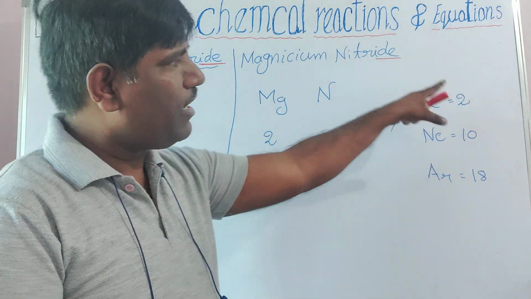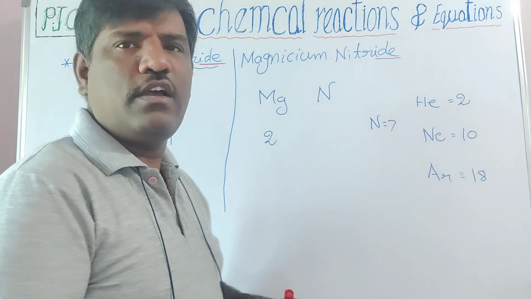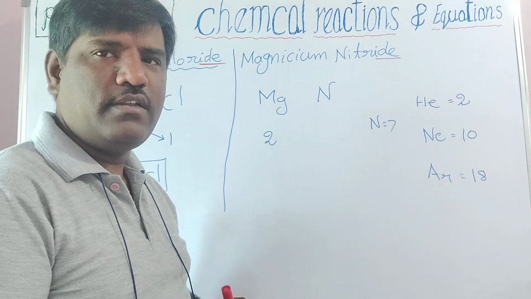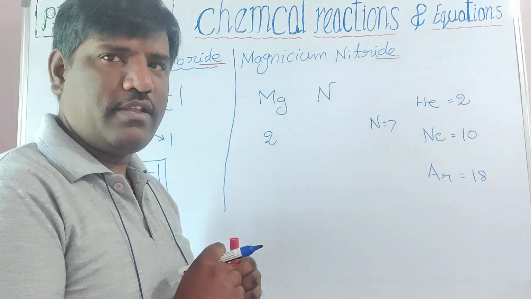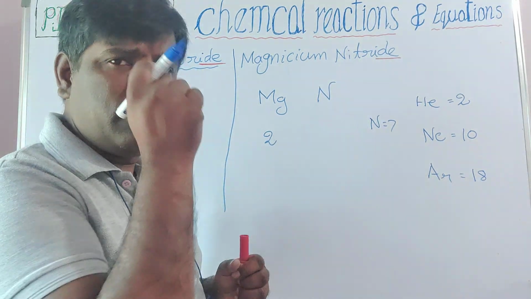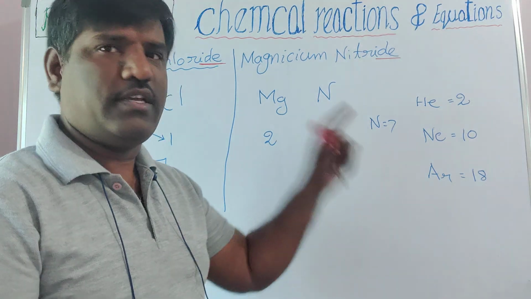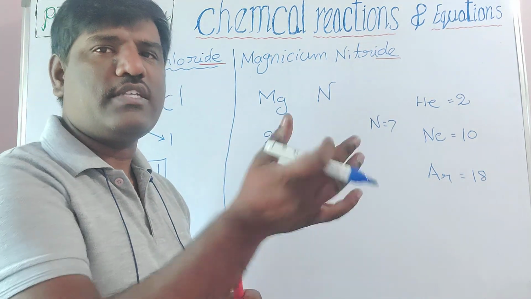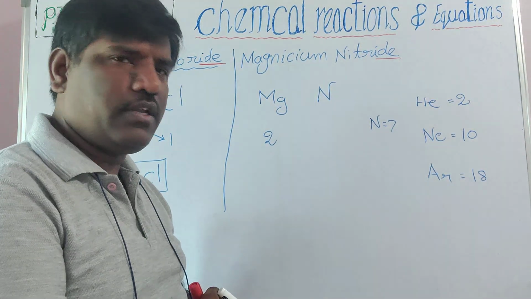If I consider helium near, the difference is 5. Which is the less number? 3 is the less number, no? That is only near, and that is what we consider for the valency of the particular element.